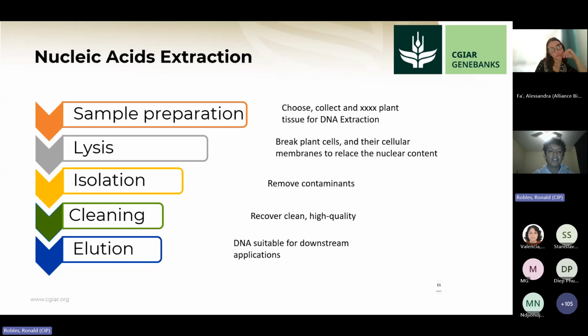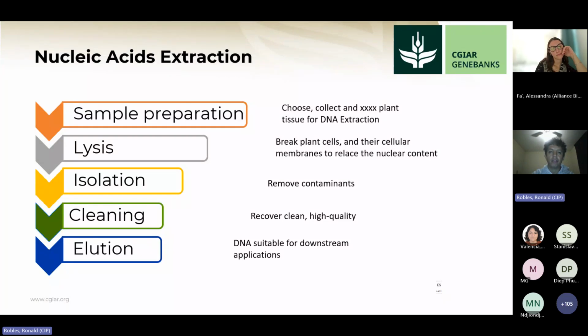The first one. The second is properly the extraction of the nucleic acids. We start with a lysis of the tissue, then the isolation or the separation of the DNA from other contaminants, from the rest of the cell debris, and this is followed by a cleaning step in which we make a final removing and separation of the DNA from other molecules that remain from the previous stages.